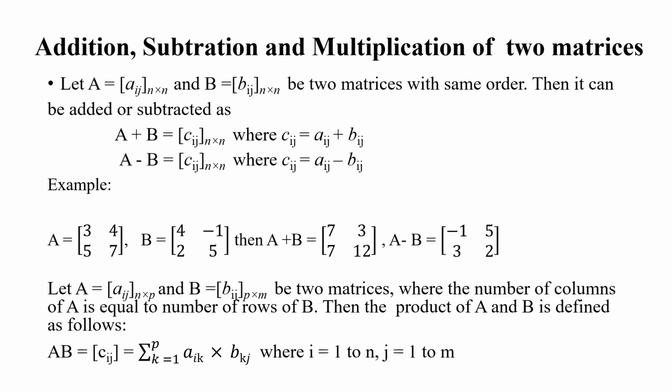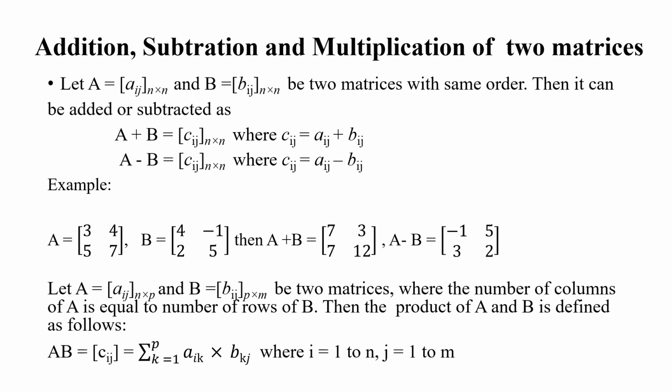For example, here I am taking A equal to a square matrix. Similarly, B equal to any square matrix. Here A contains 3, 4, 5, 7. B contains 4, minus 1, 2, 5. How am I adding? The first element of A can be added with the first element of B. That is, first row, first column of A can be added with first row, first column of B. Similarly, other elements can be added.